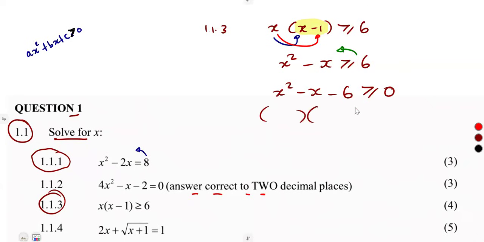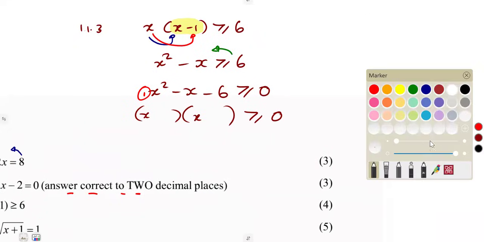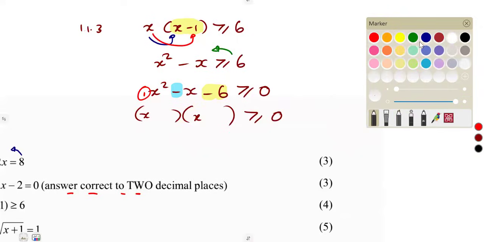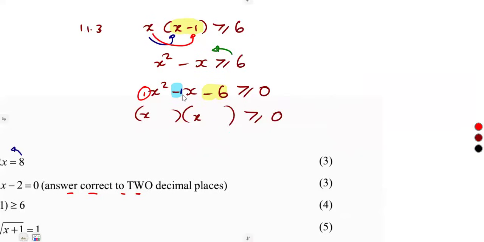We have two brackets that's greater than or equal to 0. As we can see, the coefficient of x squared is 1, so we're going to have x and x here. Then consider the products as before of -6, but these products should give us -1 when we add the terms. So that's -6.